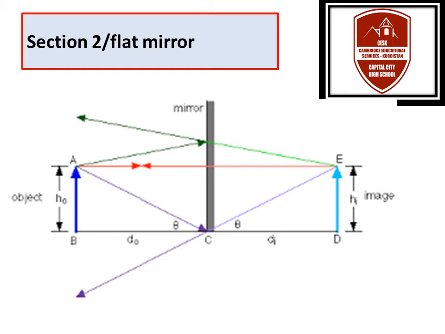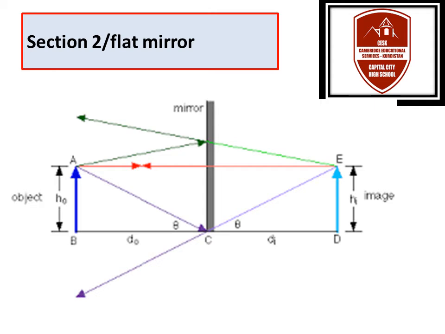So q equals p. Here in this diagram they use d naught as p. Look here, from point C to point B, this distance is p.